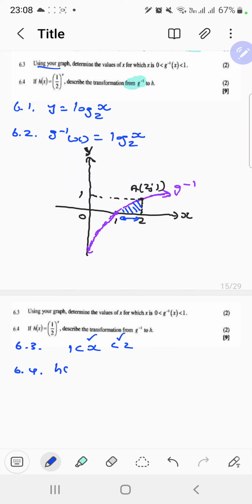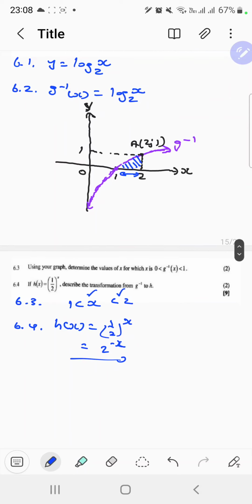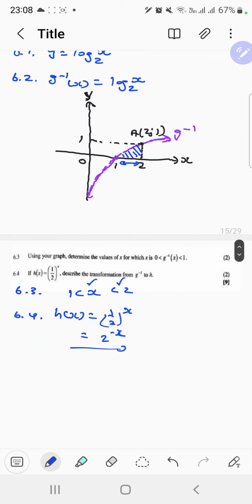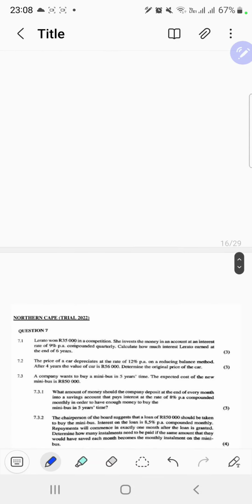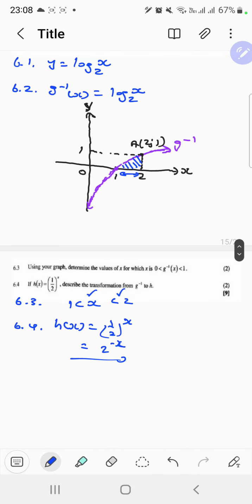If you look at it, h of x is a half raised to the exponent x, which is 2 to the minus x, basically. So how can we track what we've done here? I've given myself a lot of space for nothing.